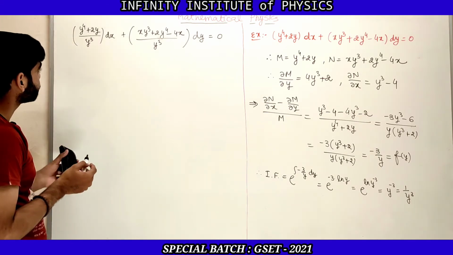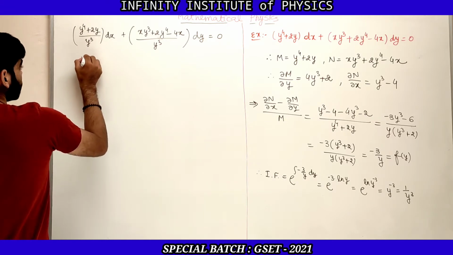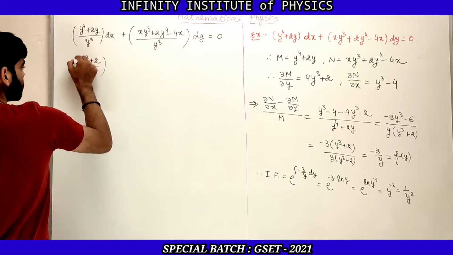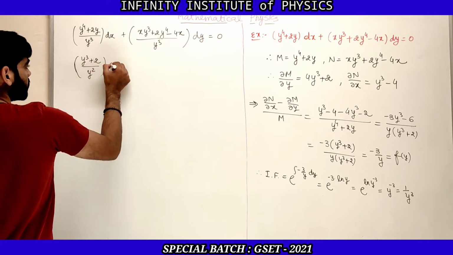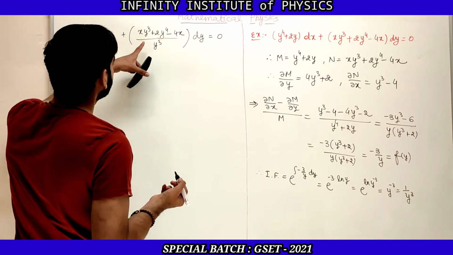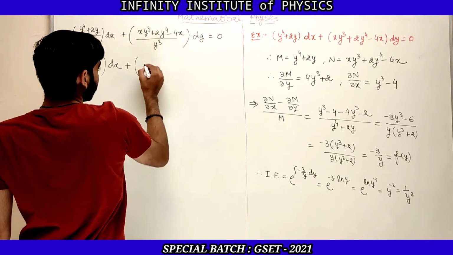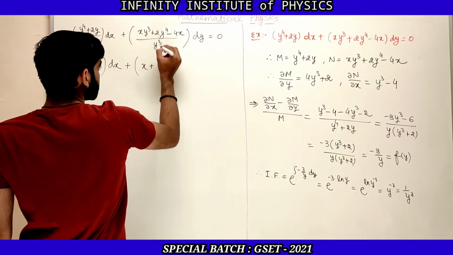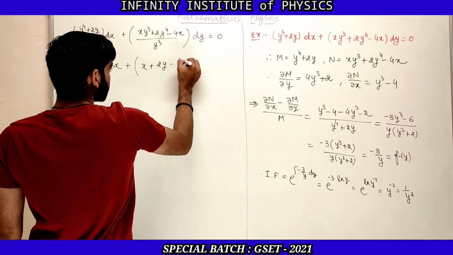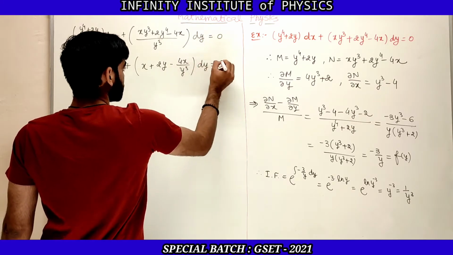And now let us take y common, then it will be y cube plus 2 by y square dx plus, and here for this particular term, xy cube by y cube will be only x, plus 2y raised to 4 by y cube, that will be 2y, and minus 4x by y cube dy, which is equal to 0.